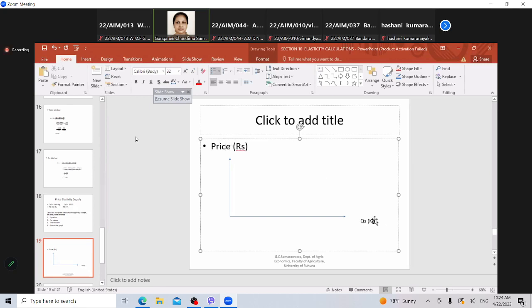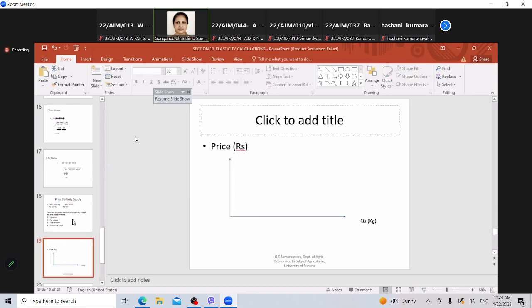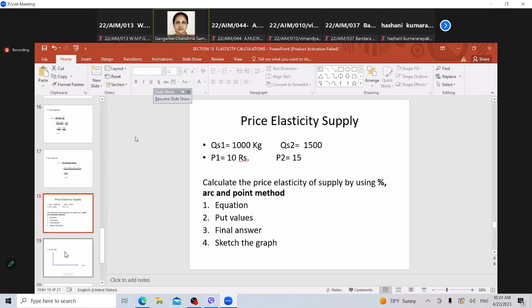Label the axes and put units. Then price, let's say we divided 5, 10, 15 like that. When I'm sending you the PPT, I will put it correctly.